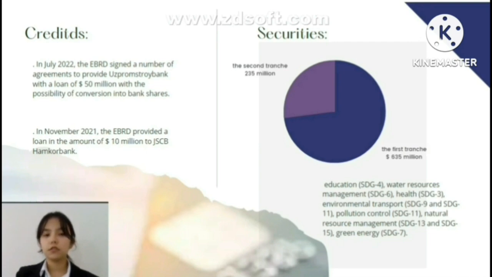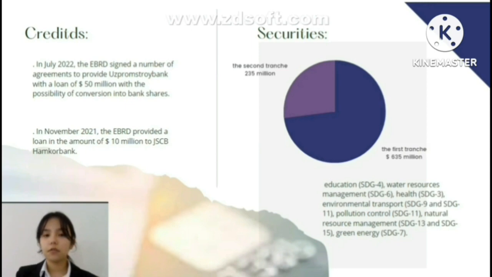In November 2021, the EBRD provided a loan in the amount of $10 million to JSCB Hamkor Bank. In July 2022, the EBRD, the same company, signed a number of agreements to provide Uzbek Bank with a loan of $50 million with the possibility of conversion into bank shares.